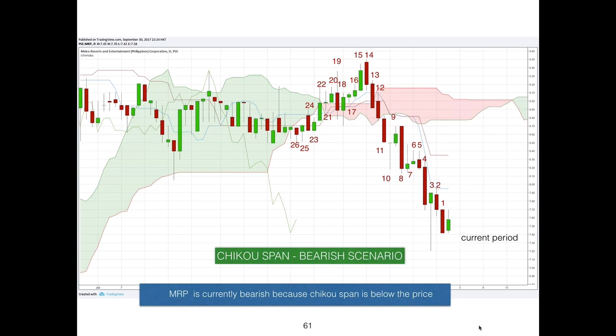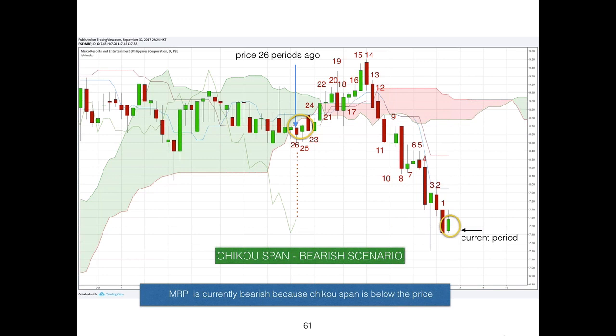Like they say, how do you know where you're going if you don't know where you've been? Here's an illustration using the MRP chart. This is the current period. We count 26 periods back, and that price is plotted on the Chikou Span line.